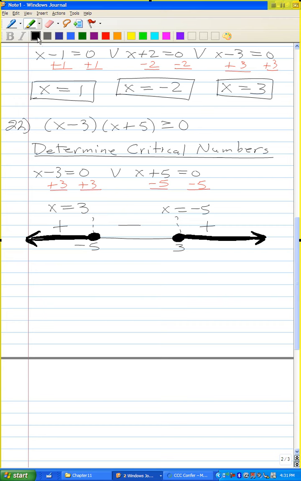And that is the solution to my inequality. It is just the union of the two closed intervals, -infinity to -5, 3 to infinity. And so it's this closed set.